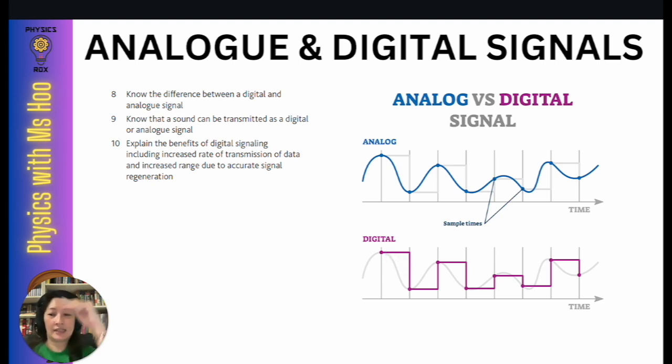So any additional noise can be filtered out because it's just a recognition of the highs and lows. Whereas for analog, any noise is difficult to filter out because it has also become part of the analog signals. So if you don't know what all this is, please watch my video where I explain clearly the difference between analog and digital signals.